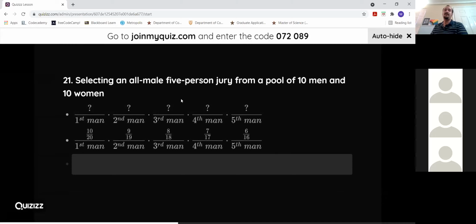If I select one man, there's only 9 men left to select from, and only 19 people left. Each time, my total number of men and my total number of people goes down by 1 every time I take one out. So it should go from 10/20 to 9/19.